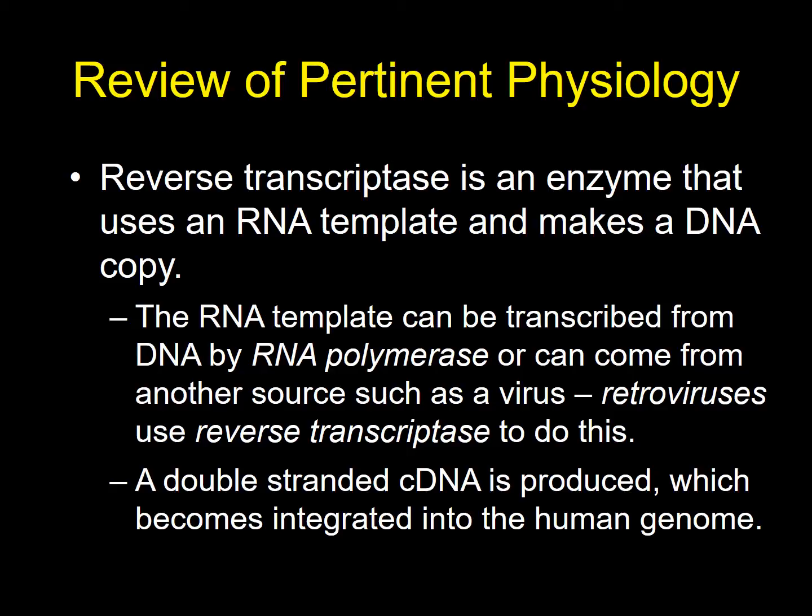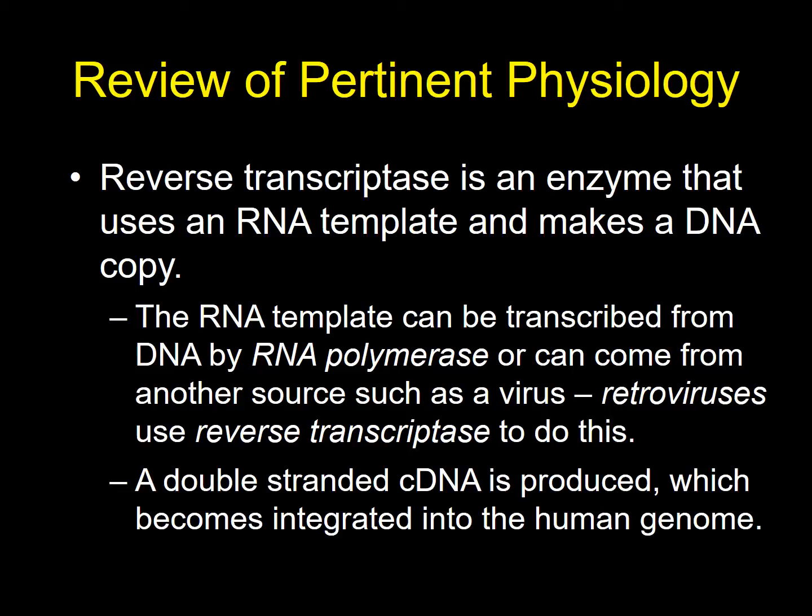But if an RNA virus wants to survive into immortality, the only way it can do it is to become a DNA. It needs to make a DNA form of itself. And since viruses are very adept at survival, some viruses have developed this enzyme reverse transcriptase. Reverse transcriptase allows an RNA virus to make a DNA version of itself.